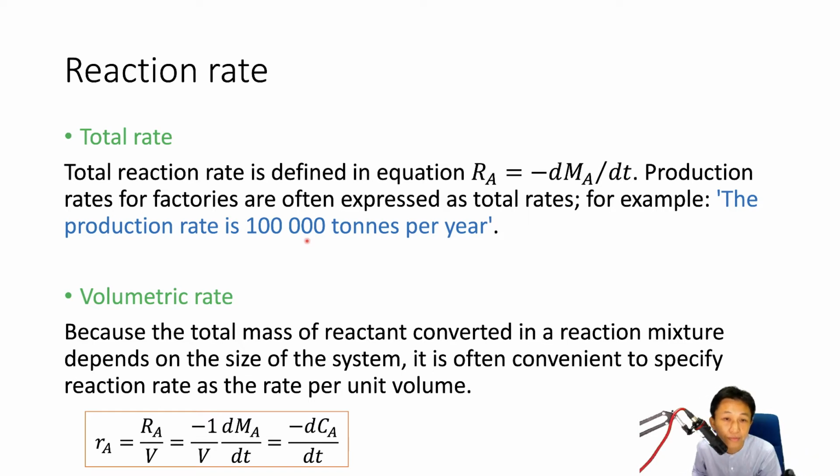So it's the total amount. Volumetric rate, so you divide the rate by volume, for example, like this. This is how you define it. So you just have to be more careful about the unit, and then how you can proceed later on.